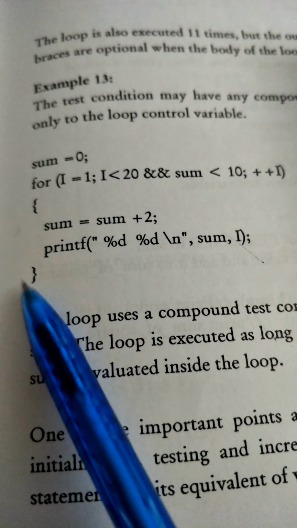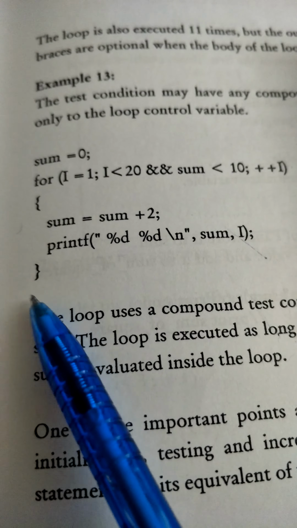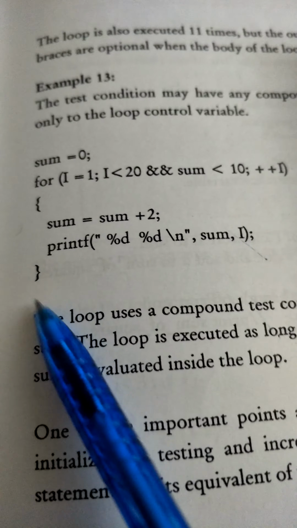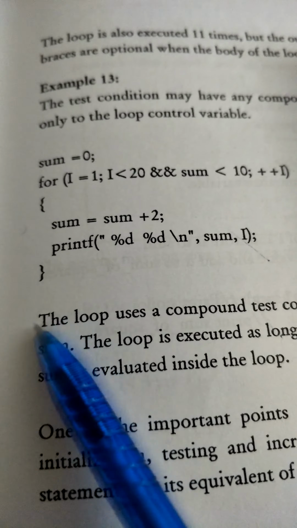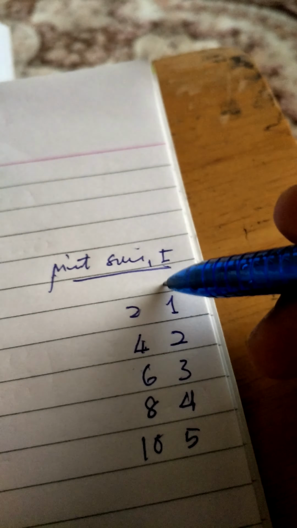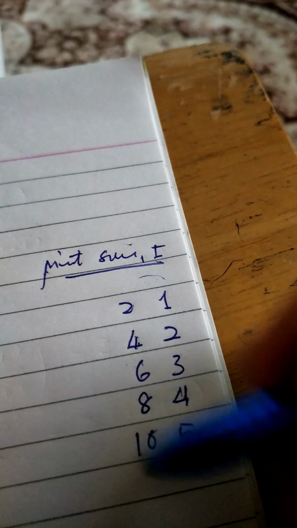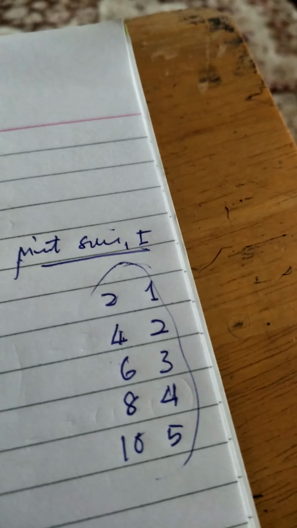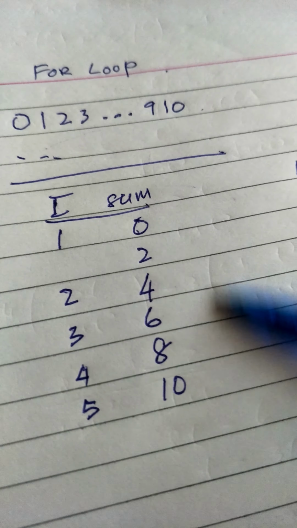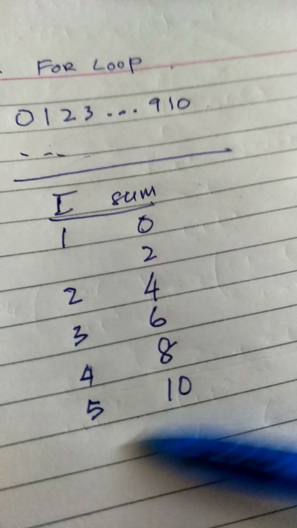Then it goes out of that for loop. Whatever statement following the for loop will be executed after that. So this is your output, in that form. This is your working process.